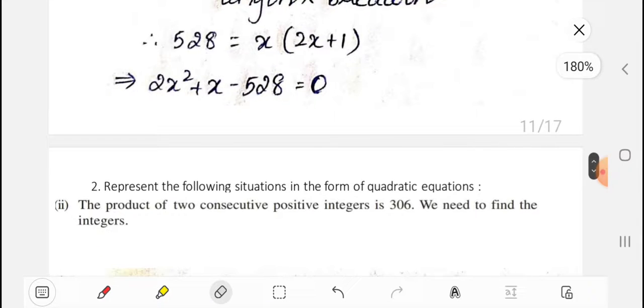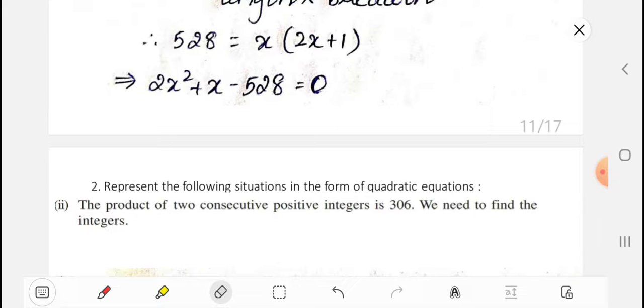The product of two consecutive positive integers is 306. We need to find the integers. Second time you are reading the question: the product of two consecutive integers is 306. We need to find the integers.